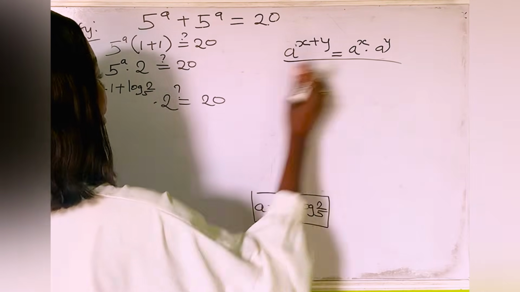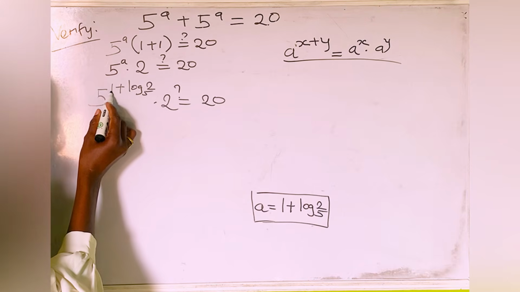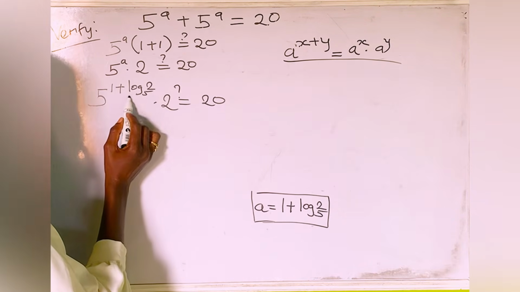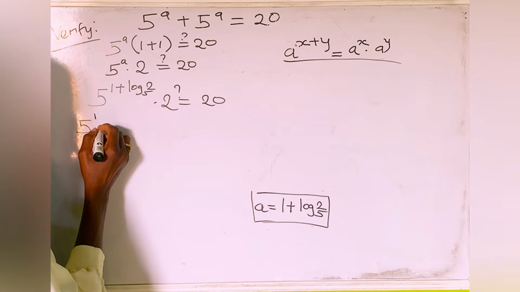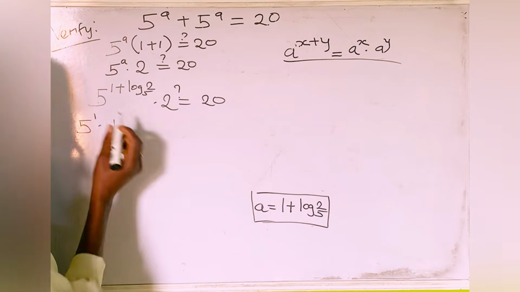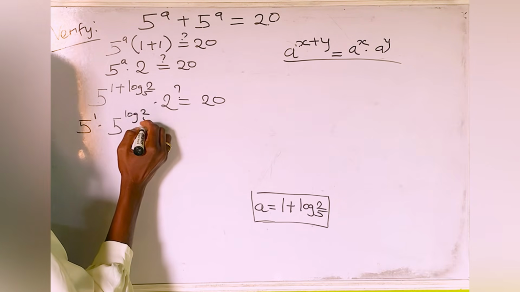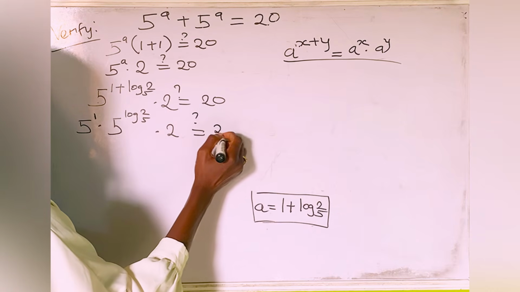So let's apply this here. Our x here is 1 and our y here is this. So we have 5 raised to the power 1 multiplied by 5, this same base, raised to the power log 2 base 5, multiplied by 2. Is it equal to 20?